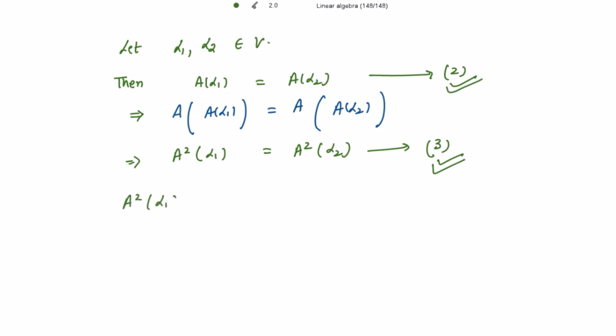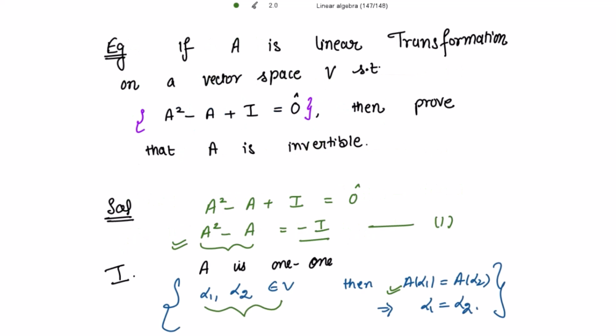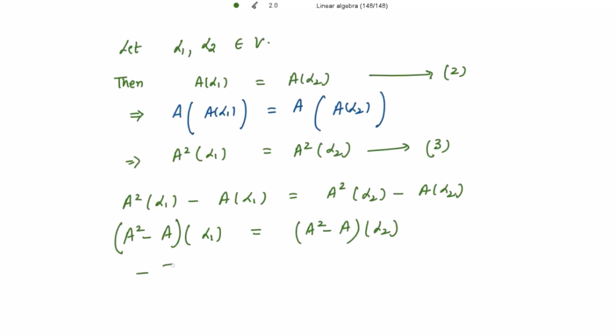So A square alpha 1 minus A alpha 1 is equal to A square alpha 2 minus A alpha 2. This means A square minus A of alpha 1 is equal to A square minus A of alpha 2. Now what is A square minus A? It is minus identity operator. So writing here minus I alpha 1 equal to minus I alpha 2.